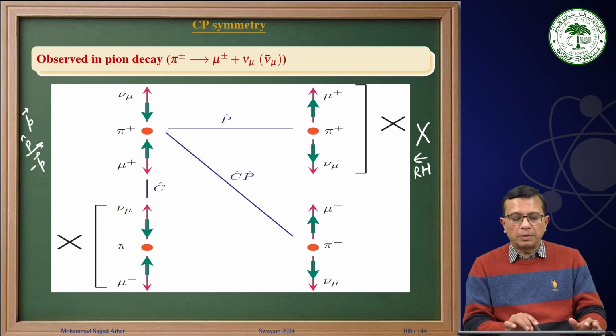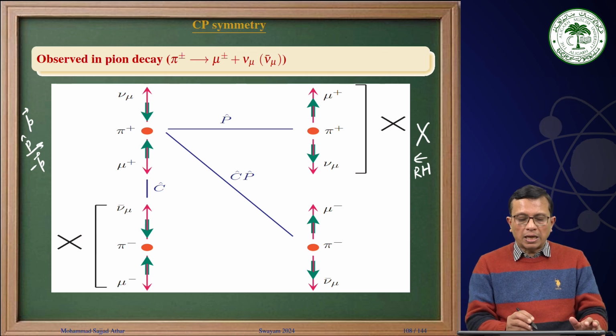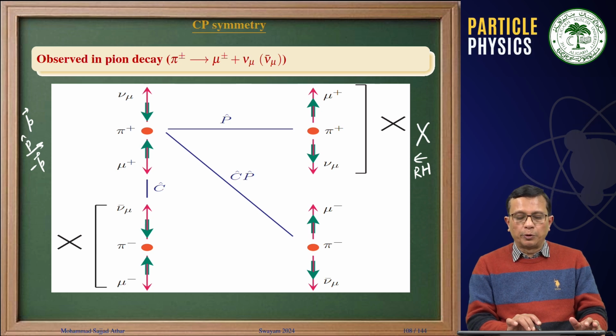Therefore, pi plus will be changed to pi minus, mu plus will be changed to mu minus, without any change in location or momentum or angular momentum, etc. But what is happening is that when we apply the charge conjugation operation, nu mu is becoming nu mu bar, and this nu mu bar is left-handed because momentum and angular momentum are unchanged, and this has not been observed.